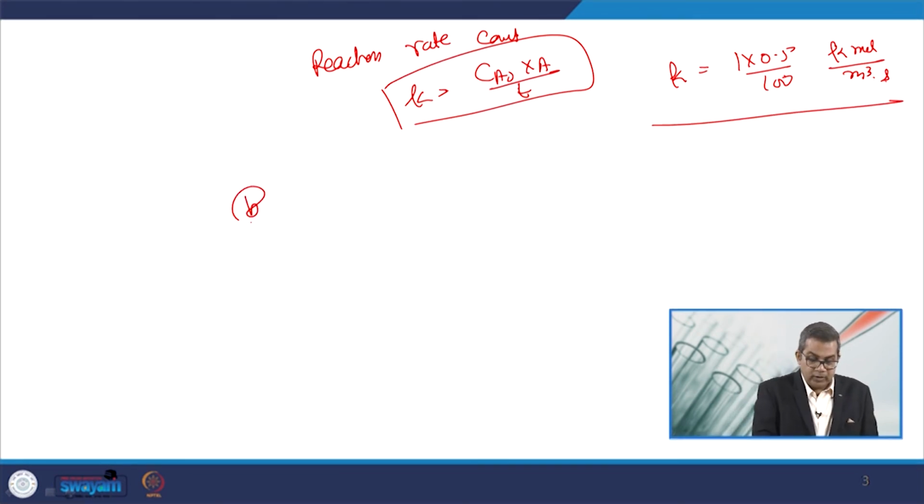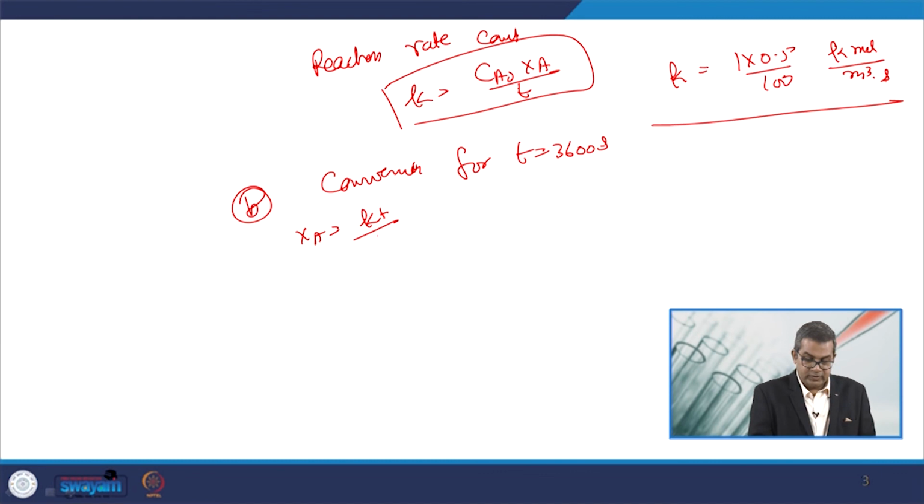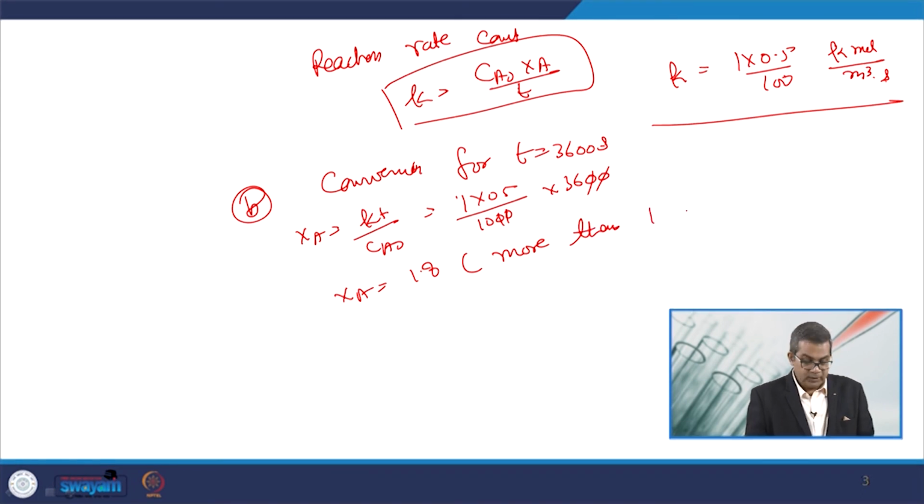Now let us talk about the second part, the conversion for t equal to 3600 seconds. Xa is equal to Kt upon Ca naught, that is 1 into 0.5 divided by 1000 into 3600, so Xa is equal to 1.8, which is more than 1, which is not possible.